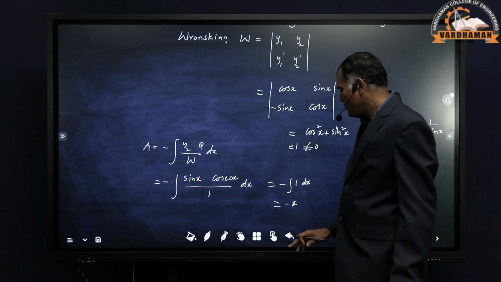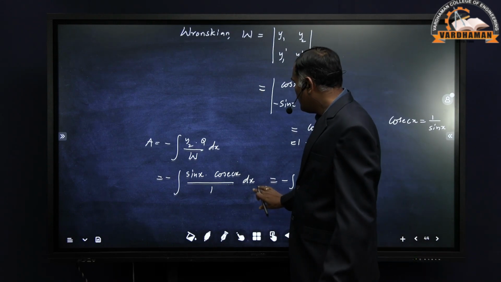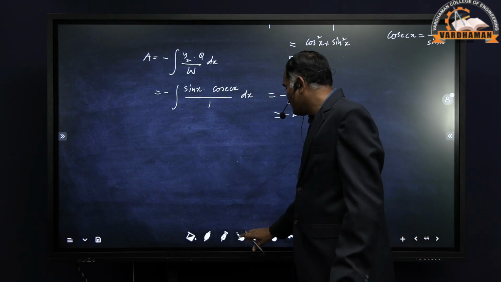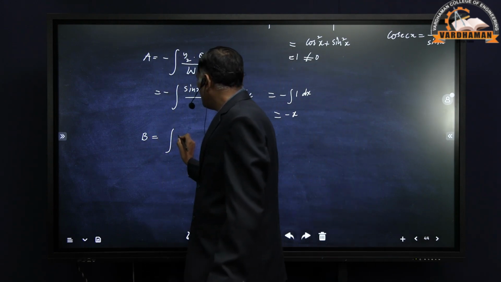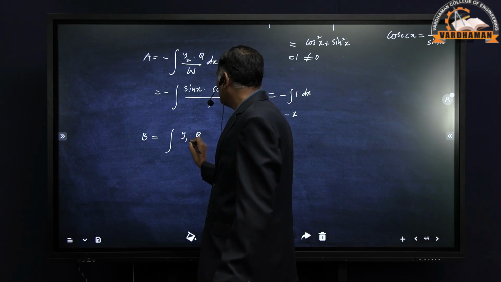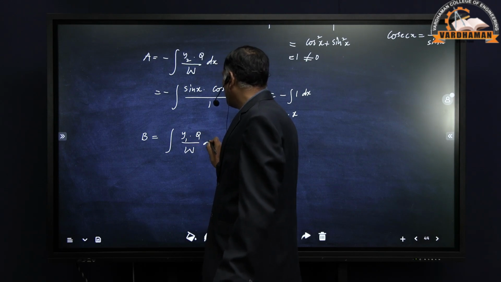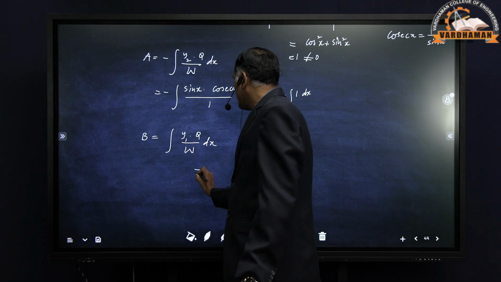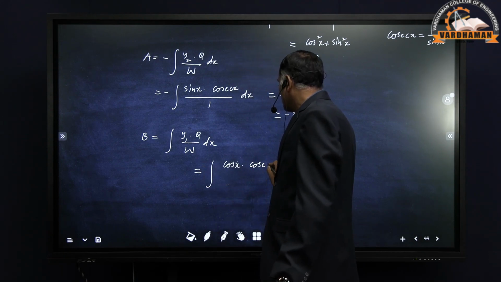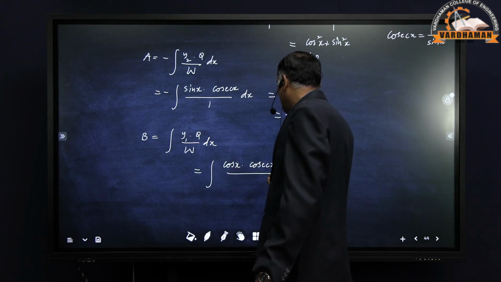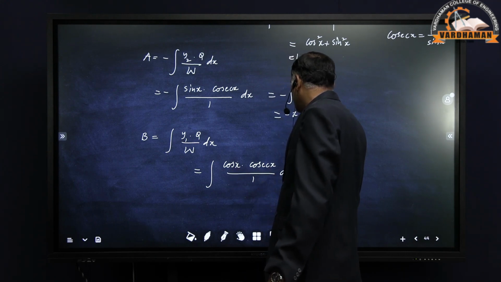Now let us find B. Now B is given by B equals to integral y1 into q by w dx. Here y1 is nothing but cos x into cosecant x, by w is 1 dx.